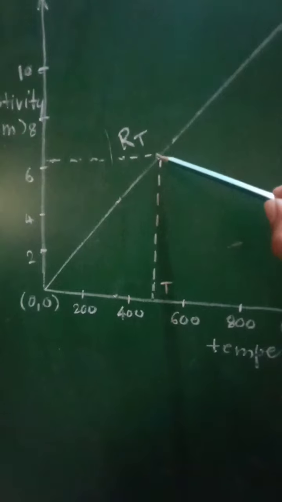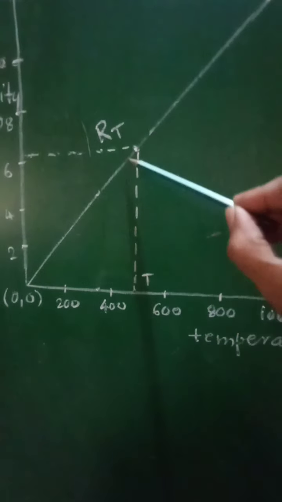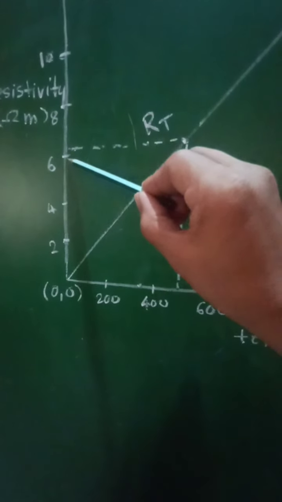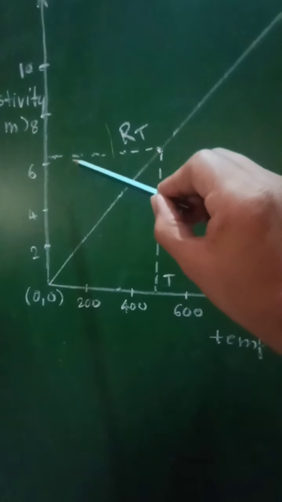Now if you consider any temperature T along this x-axis, the respective value of resistivity will be shown here. It will be the resistivity at a particular temperature.